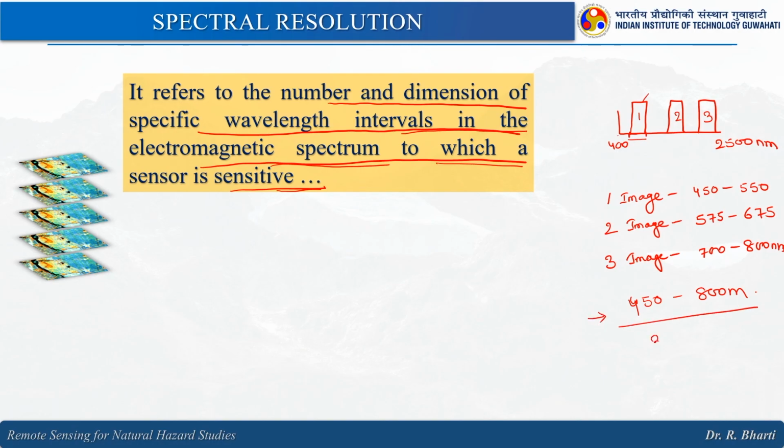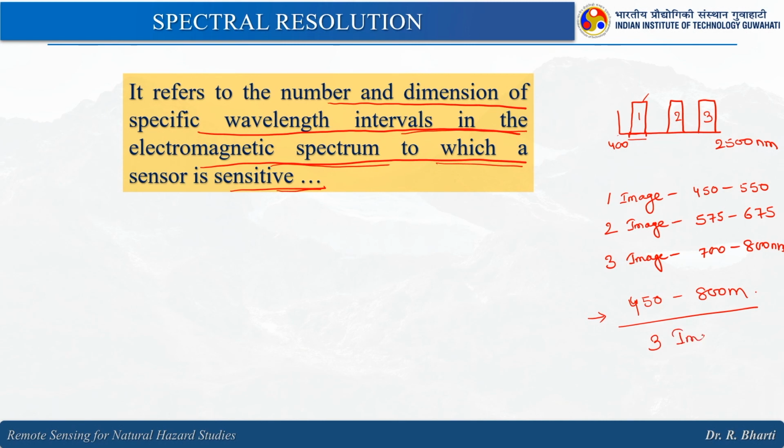Then second is the 3 images that we are generating, and the third information will be their starting and end wavelengths. If we have all these together, it is known as the spectral resolution, right.